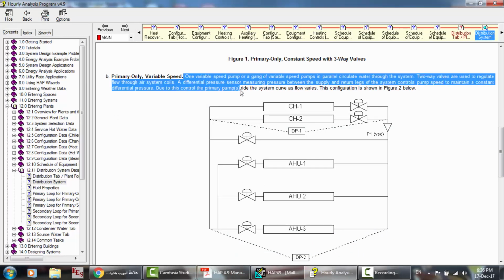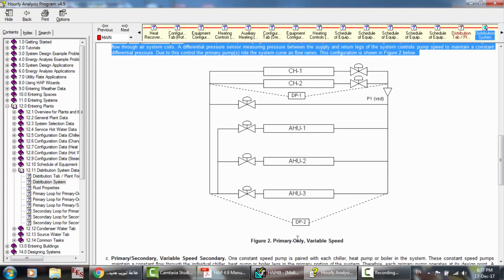One variable speed pump or a gang of variable speed pumps in parallel circulate water through the system. Two-way valves are used to regulate flow through air system coils. A differential pressure sensor, like this, measuring pressure between supply and return legs of the system, controls pump speed to maintain a constant differential pressure. Due to this control, primary pumps ride the system curve as flow varies, like figure 2.